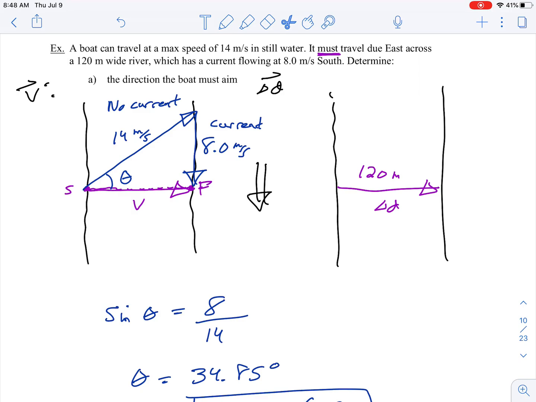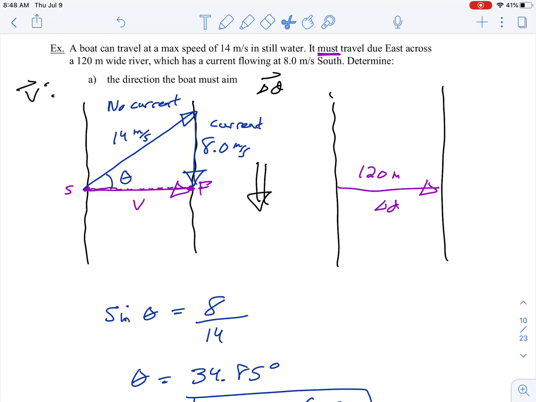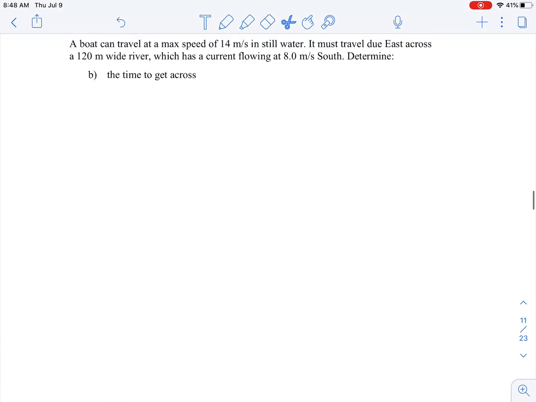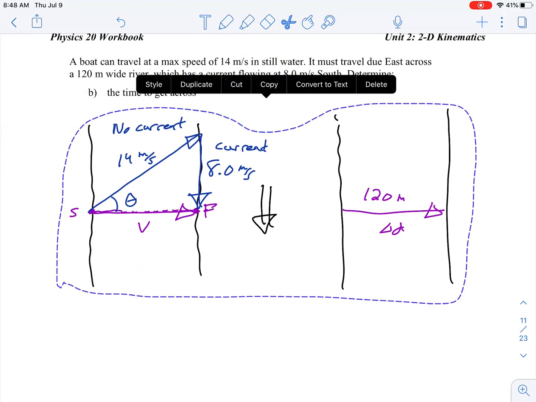Let me again just copy these two diagrams for the next part. So the next question, and our last question, is how much time would it take to get across this river?